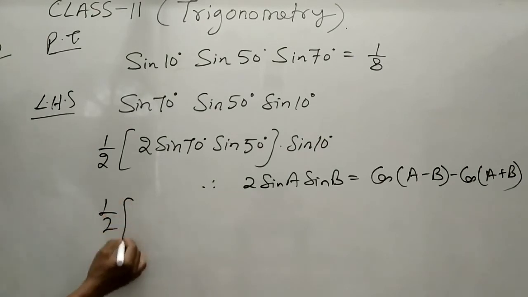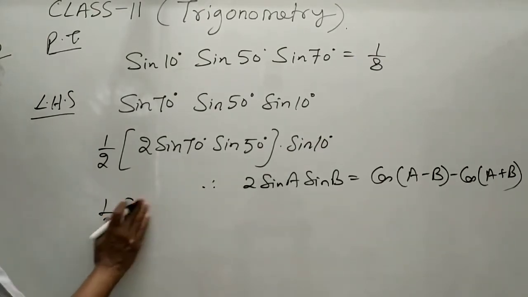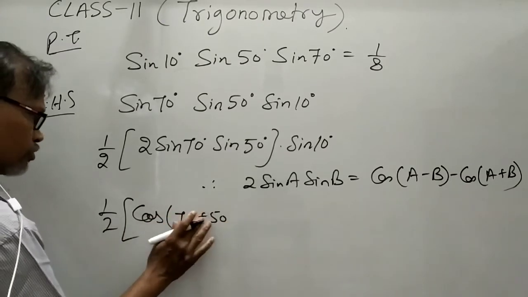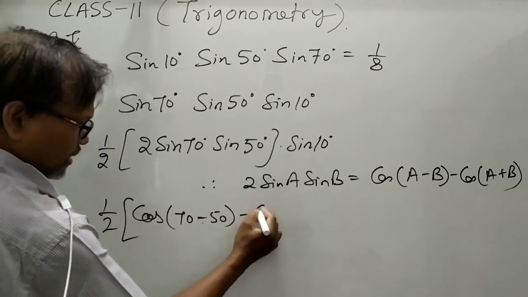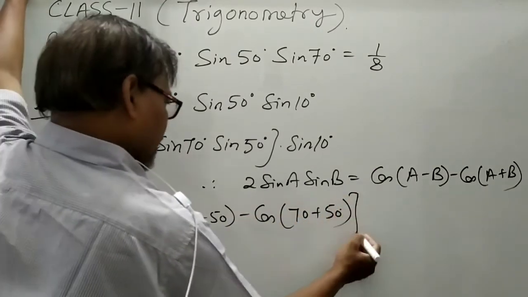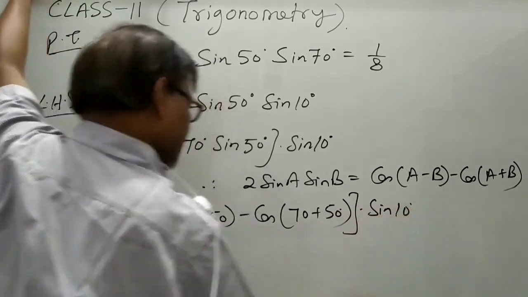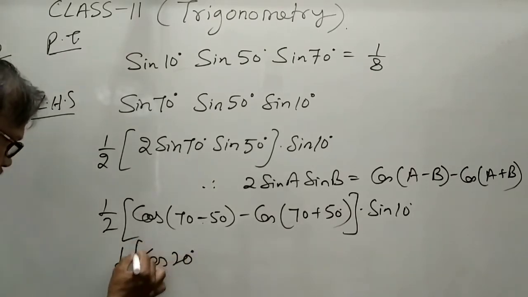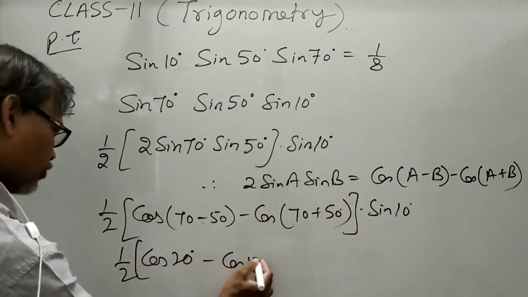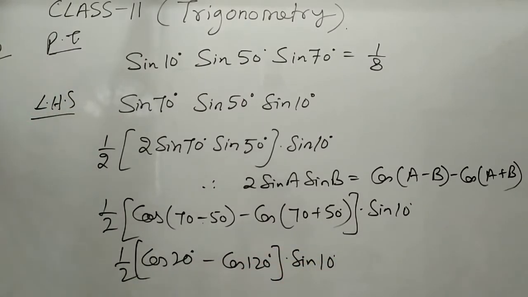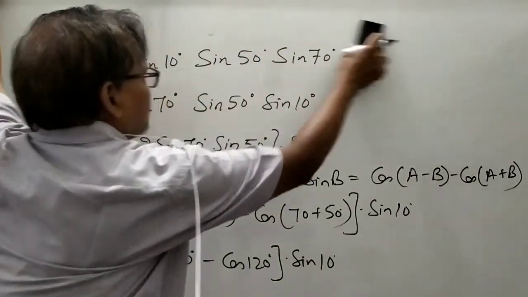So it will be 1 by 2 cos A minus B minus cos A plus B, that is cos 70 minus 50 minus cos 70 plus 50, bracket close, sine 10 degree. Then simplify: cos 20 degree, use the bracket, minus cos 120 degree into sine 10, and then put the value of cos 120 degree.